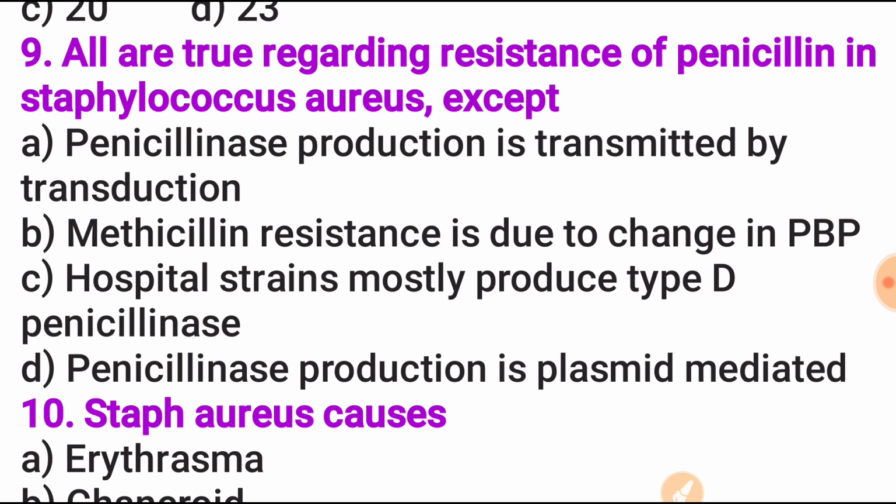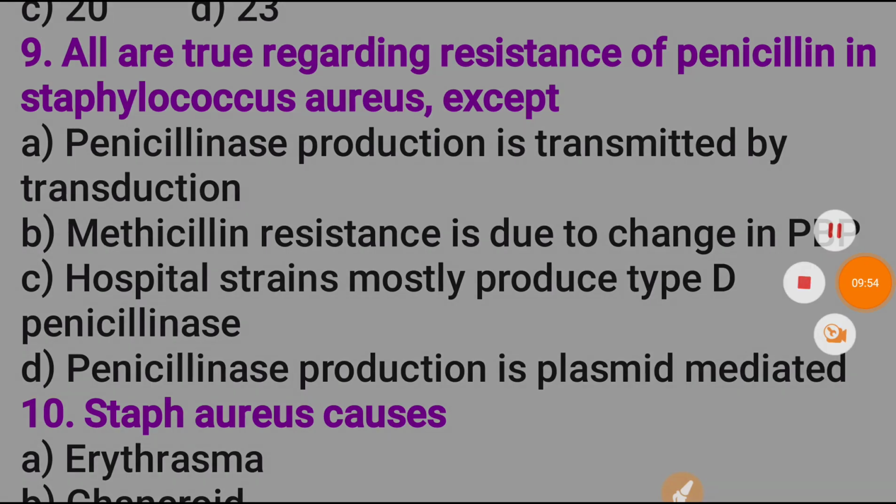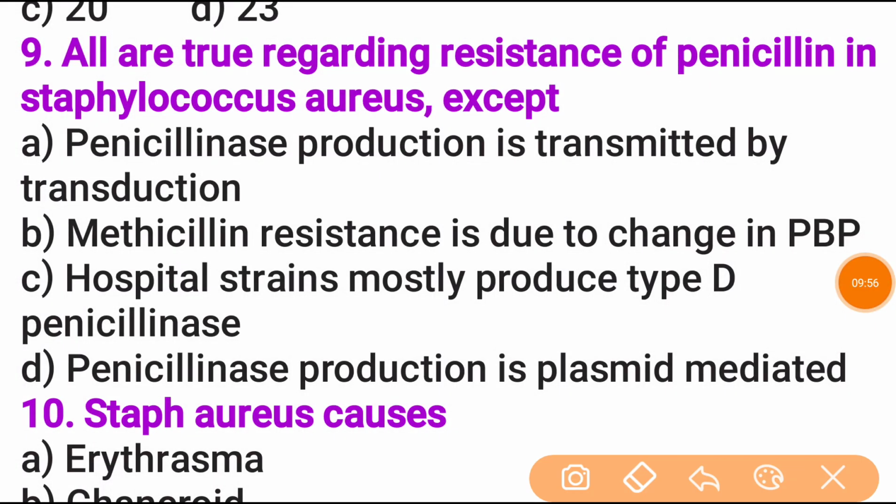Hospital strains mostly produce type D penicillinase. Penicillinase production is plasmid mediated. The first option, penicillinase production is transmitted by transduction, is a right answer.